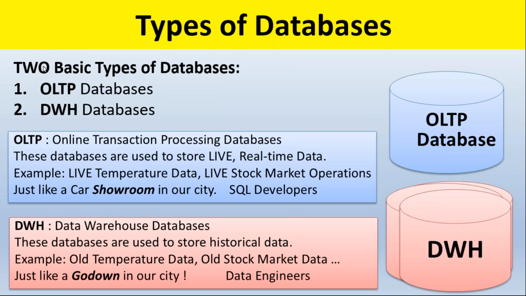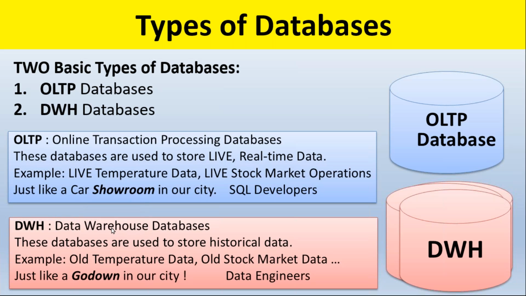Truly speaking, there are 4 types of databases coming up in another 10-15 minutes from now on the screen. To start with, let's have 2 basic types of databases. OLTP database, data warehouse database. OLTP, online transaction processing database, to store live real-time data like live temperature, live stock market, anything live, just like our living room in our house.